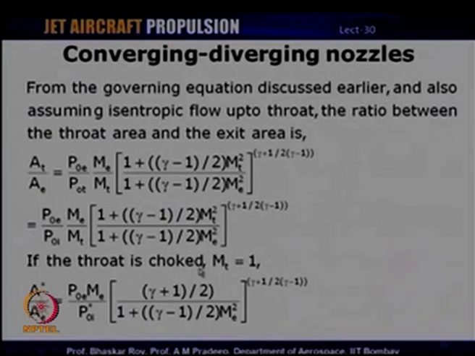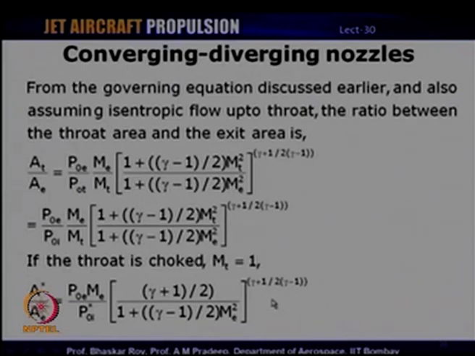Now, if the throat is choked, where we have Mach number M_T equal to 1, the throat area becomes A star, which is the critical area. A star by A_E would now be equal to P_0E, the exit stagnation pressure, multiplied by exit Mach number, divided by inlet stagnation pressure, which leads to the choking, multiplied by ((gamma + 1)/2 divided by (1 + (gamma - 1)/2 M_E²)) the whole raised to (gamma + 1)/(2(gamma - 1)).